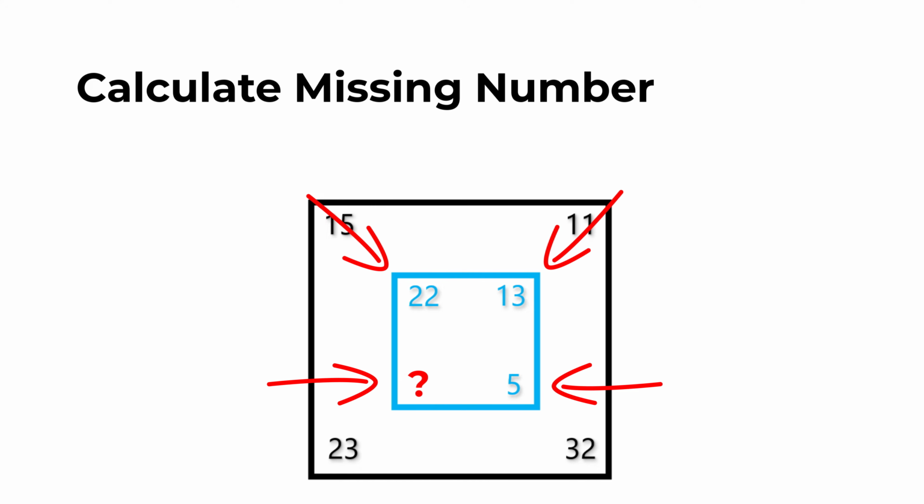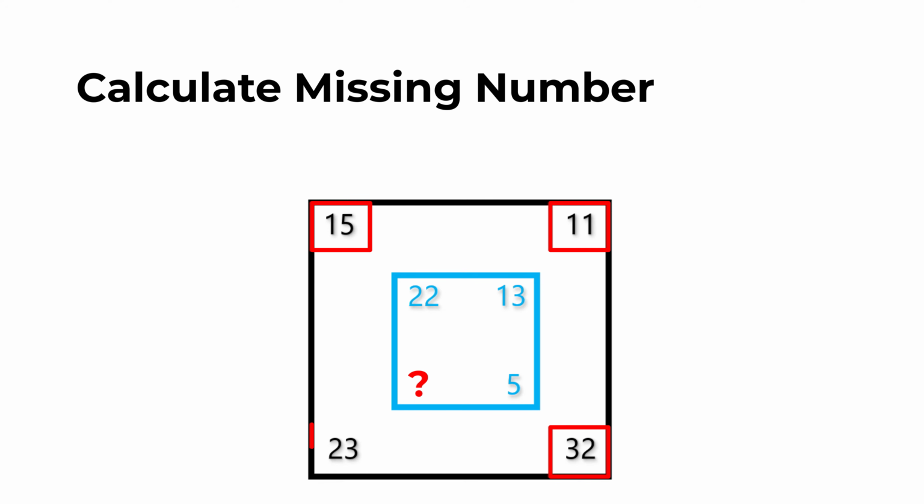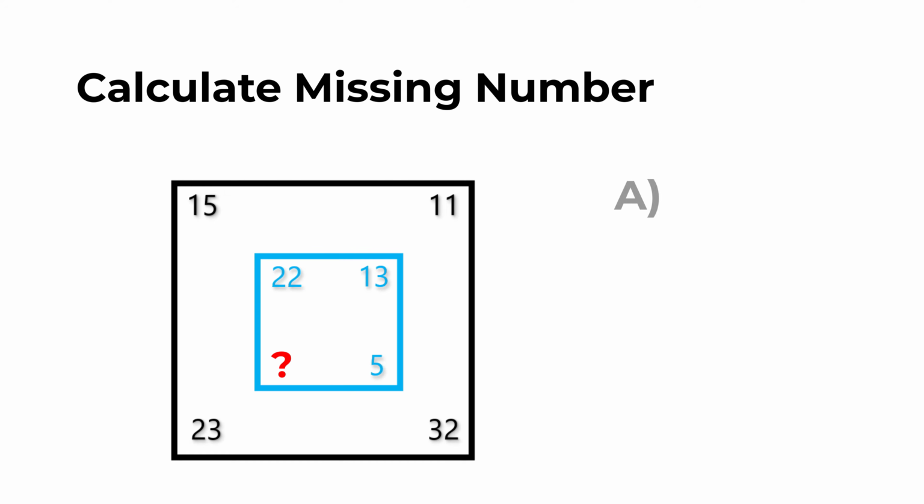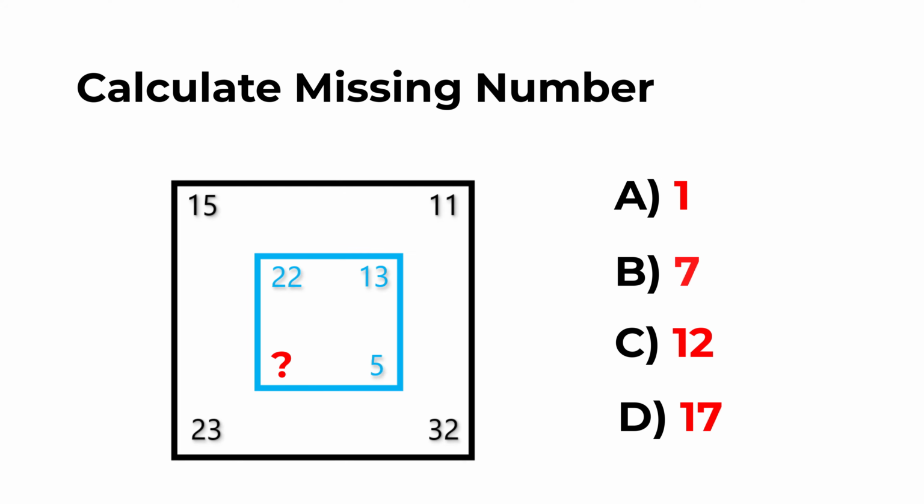If we start looking at the numbers in the upper left corner and go clockwise, you see the numbers 15, 11, 32, and 23. In the smaller square, the numbers are 22, 13, and 5. And one number is missing, and this is the one that you need to calculate. Your choices are choice A, 1, choice B, 7, choice C, 12, choice D, 17.